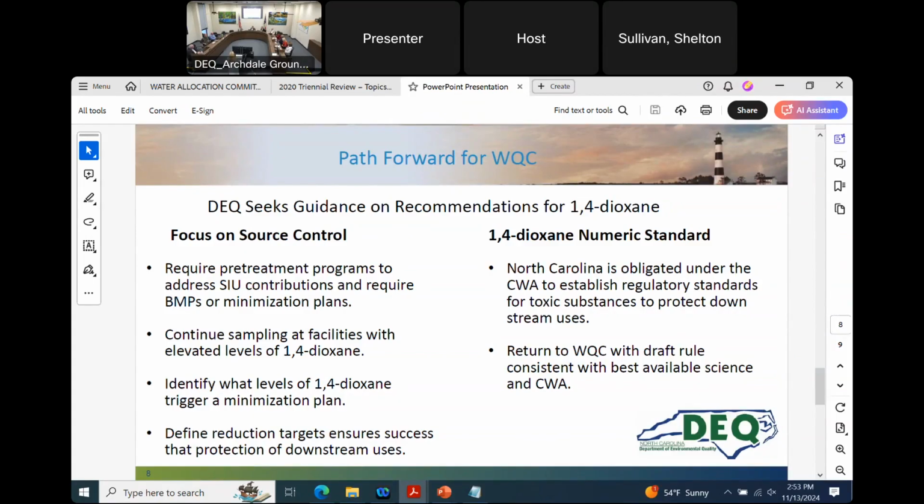My understanding is that it's been some time ago where the EMC and Chair Solomon wanted to take 1,4-dioxane, and we took it out of the triennial review. We took that out, and here we go with this paralleling the PFAS piece.